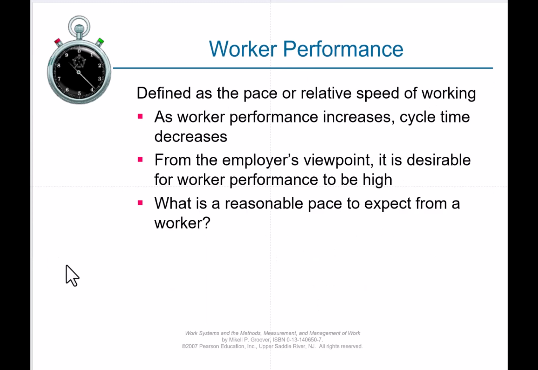The case of worker performance is something that in our software we need to enter. What was the performance of the operator? That's one of the big questions, because whatever you observe, the person may not be at 100% performance.